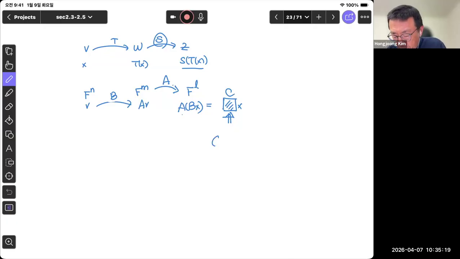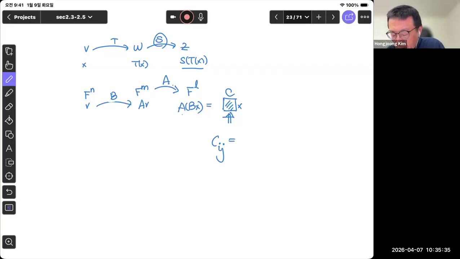The ith row, jth column entry of C is obtained by multiplying the ith row of A times the jth column of the B matrix.